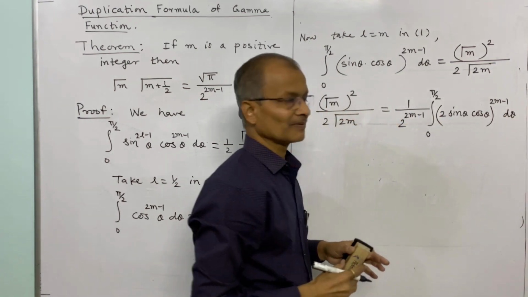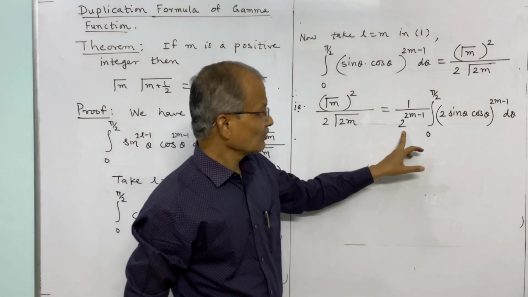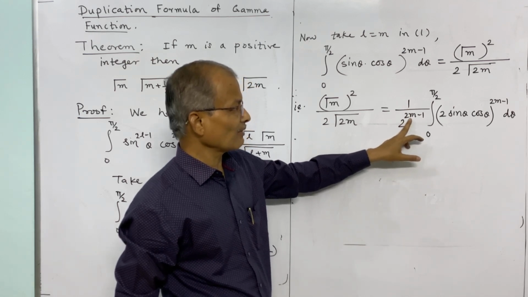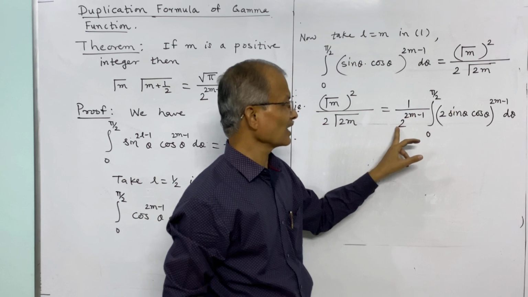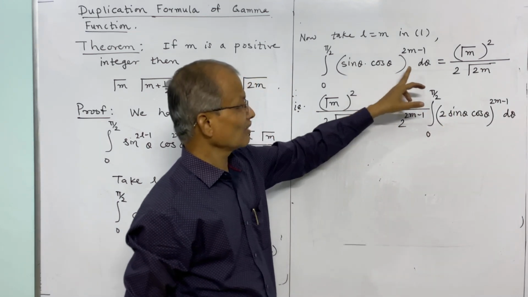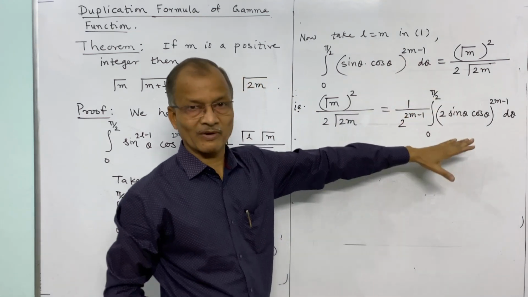Now verify this. This is 1 over 2 to the power 2m minus 1, and this is 2 to the power 2m minus 1. These two terms cancel, and sine theta into cos theta remains as it is. The value is not changed.